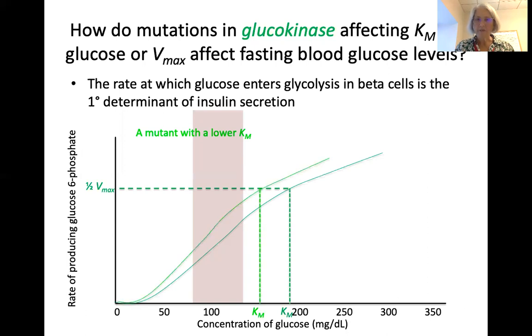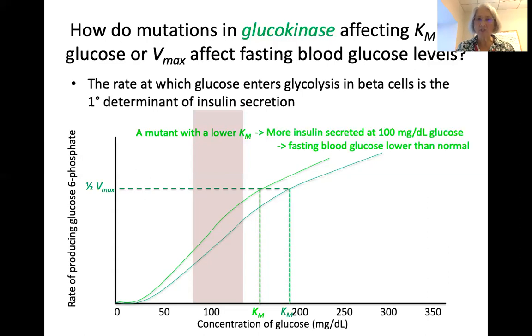In that case, the curve will shift, looking something like this. And what we see is in the same range of blood glucose, we have a faster rate of producing glucose 6-phosphate. So we have more glucose that will be trapped and go through glycolysis in those beta cells, resulting in increased insulin secretion. And that will bring the fasting blood glucose to a lower level than normal.